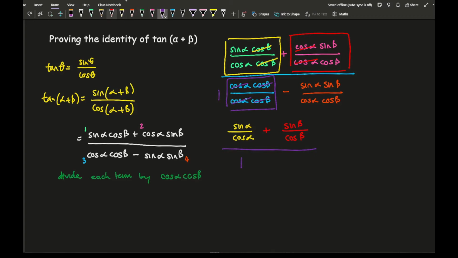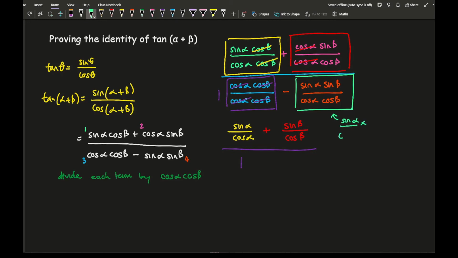And for this here, if I simplify it, I'm left with sine alpha sine beta over cos alpha cos beta.